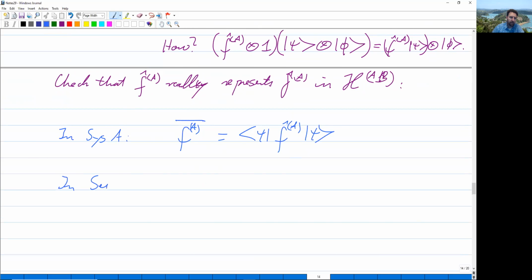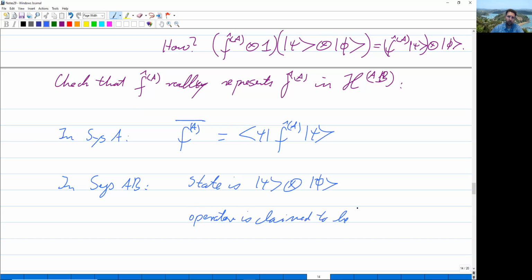In system AB now, the state is psi tensor phi, and the operator is claimed to be f hat A tensor the identity.